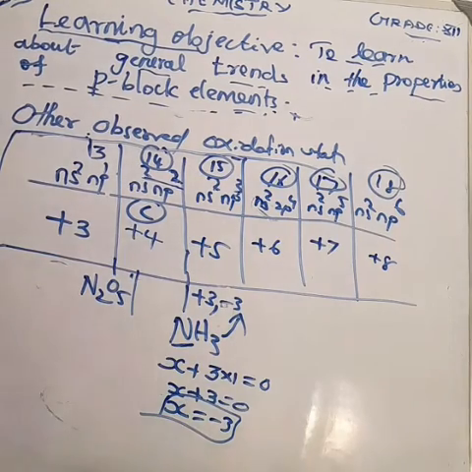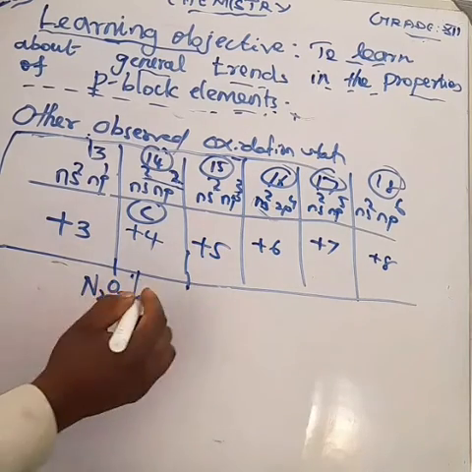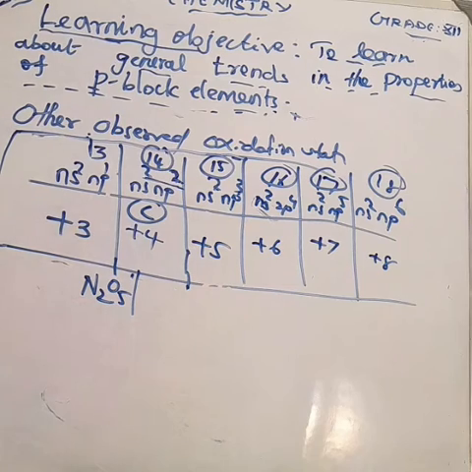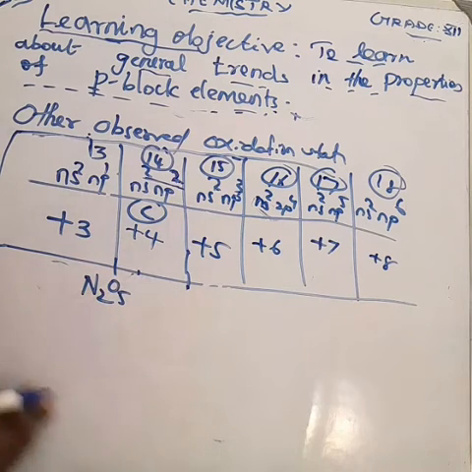Before that, we also found N2O5, am I right? That is the highest oxidation state of the 15th group, N2O5. What is the name of N2O5? Dinitrogen pentoxide. Okay, N2O5.